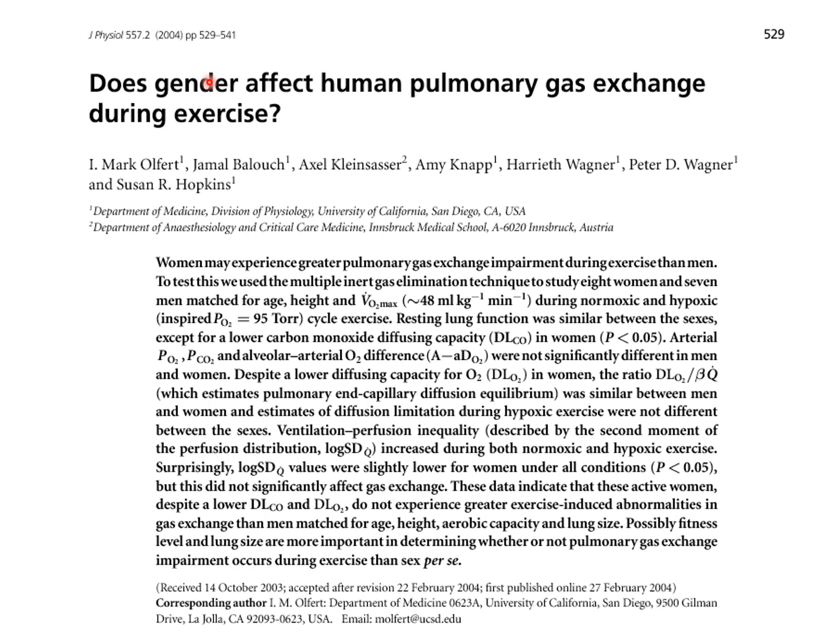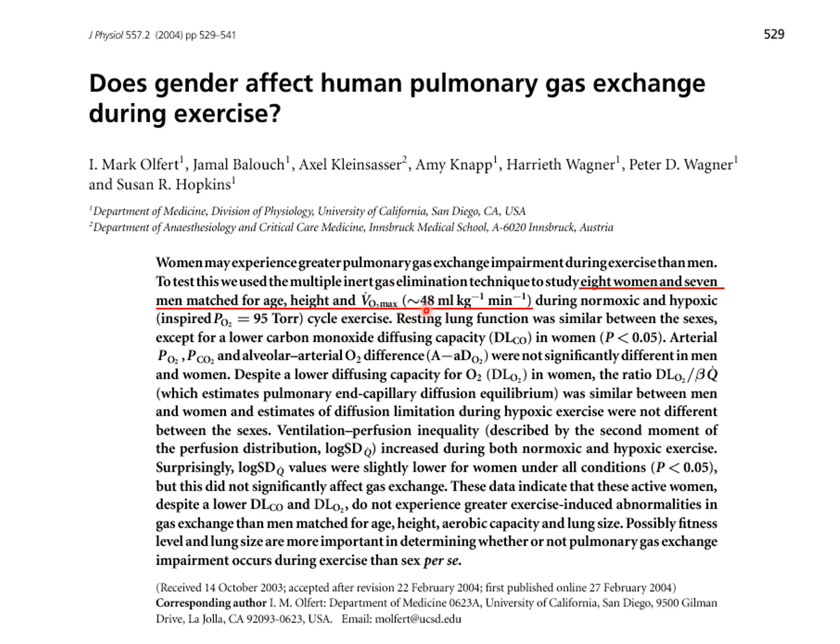Okay, so that aside, this study looked at sex differences, and they used what's called a multiple inert gas elimination technique. In other words, they looked at how quickly different gases are eliminated from the lungs. So they took 8 females and 7 males who were matched for age, height, and importantly, VO2 max.